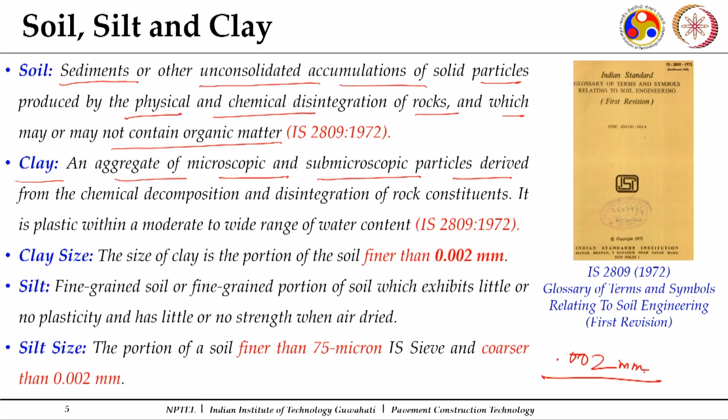If the particles are even finer than this, they normally fall under the category of clay. It is an aggregate of microscopic and submicroscopic particles derived from the chemical decomposition and disintegration of rock constituents. These particles normally exhibit a plastic nature.